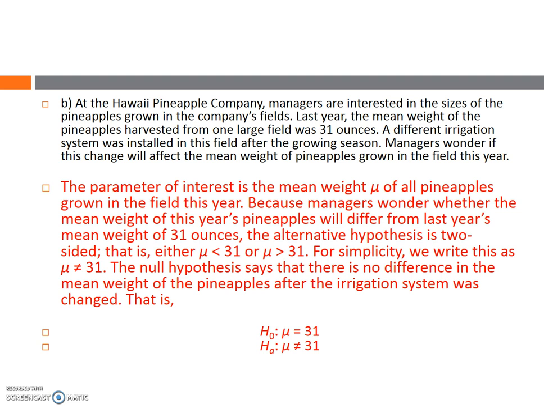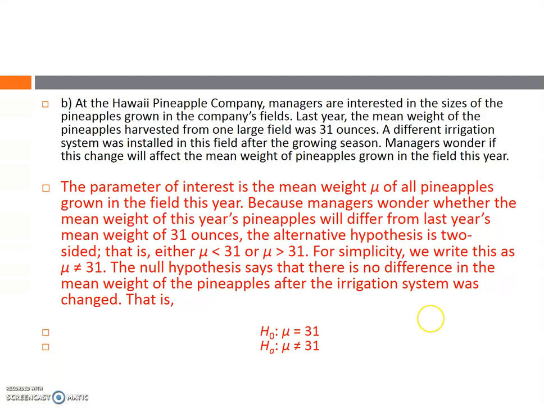So the parameter of interest is the mean weight, mu, of all pineapples grown in the field this year. Now, like I said, because the managers wonder whether the mean weight is going to differ, the alternative hypothesis is what we call two-sided. So either the mean is going to be less than 31 or greater than 31. Just saying there was a change.